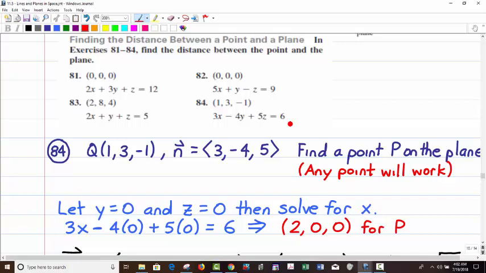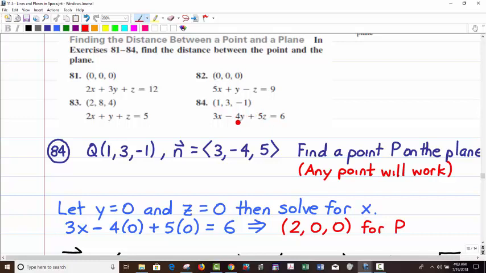What I like to do is find an intercept point, where if I zero out two of the values and solve for the other, then you have it. I look at this one to try to avoid fractions if possible, although if I have a fraction, it's not the end of the world.